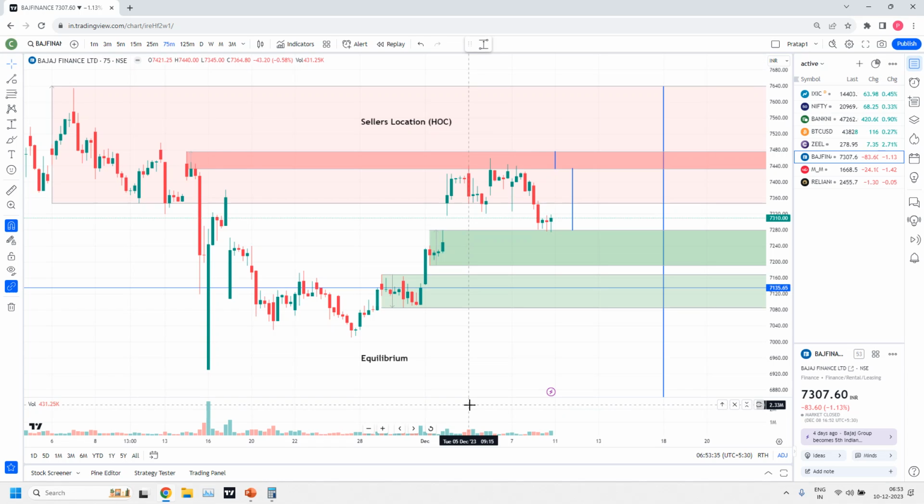Why am I telling about direction again and again? Because I want to register in your mind that it is also a very important concept. Many of the people who learn supply demand zone theory might not have learned about direction, price direction. Maybe a few people might have, but most of the people might not have.